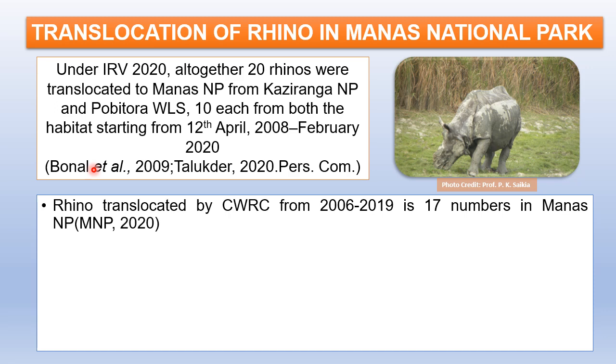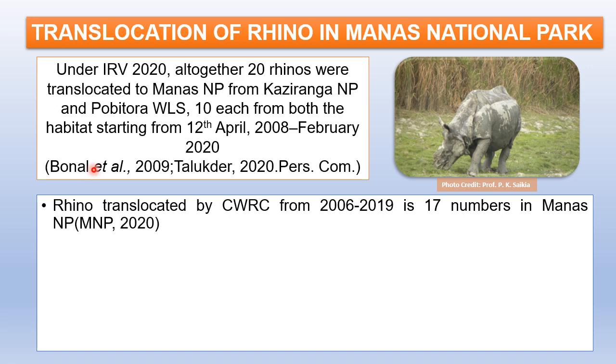It received immediate support from two international organizations, WWF and International Rhino Foundation, to undertake activities for conservation of rhino in Assam and to create new population in Assam through translocation.